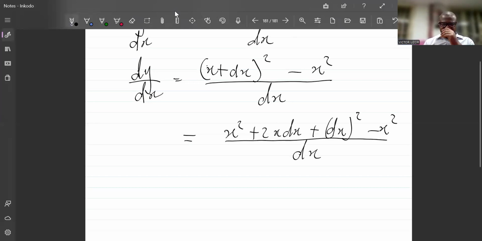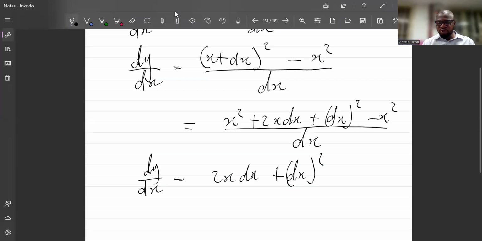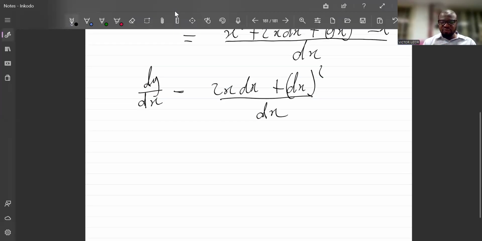In this case, the negative x squared and positive x squared will cancel each other, and you will now have dy over dx equals 2x dx plus dx squared all over dx. So at this junction, what you will do is divide both sides by dx.